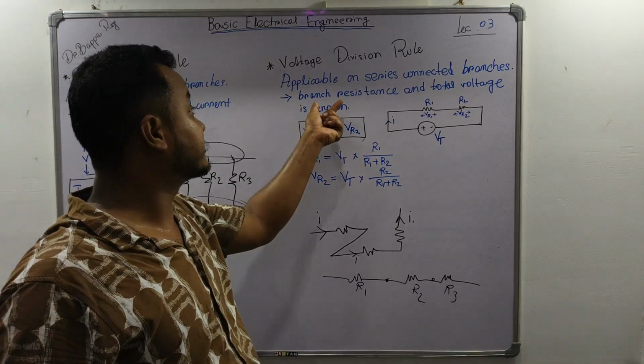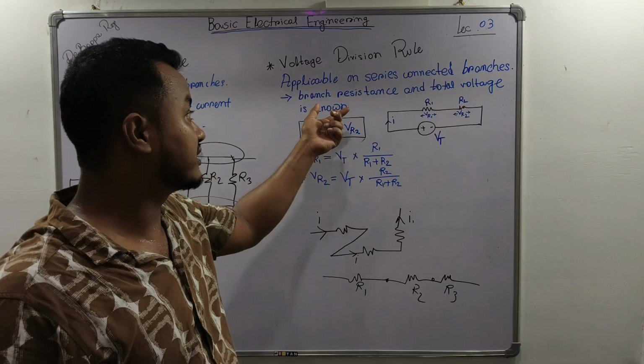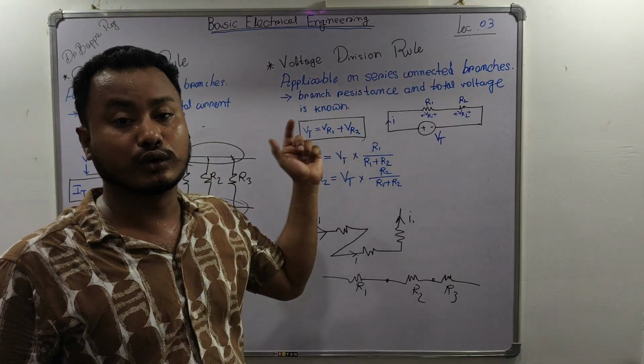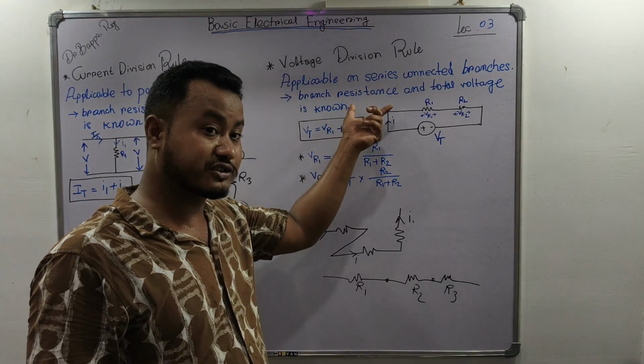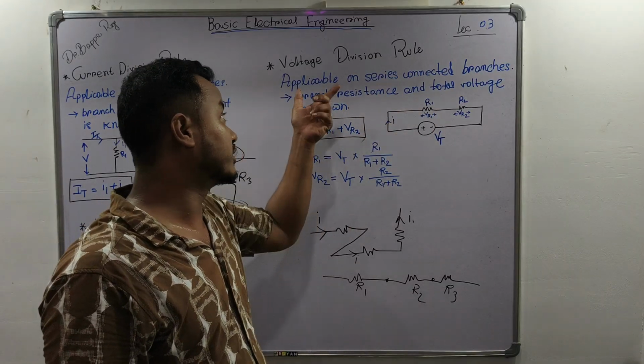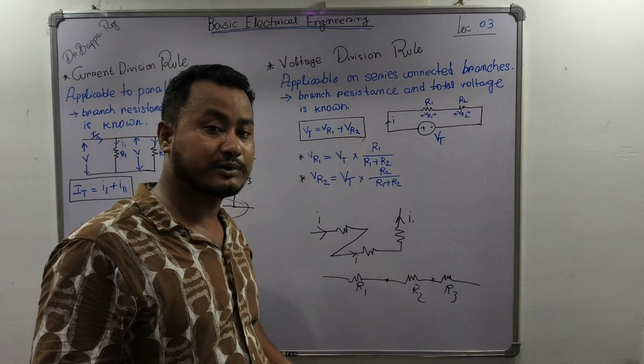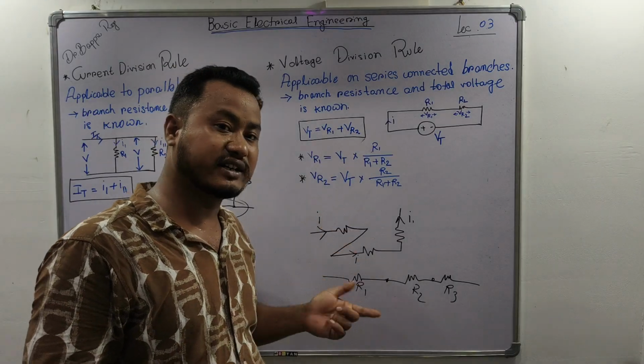So the same condition, we need to know the branch resistance values and the total voltage. The voltage division rule is applicable only when the branches are connected in series.